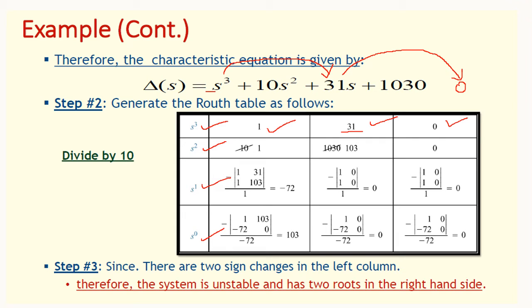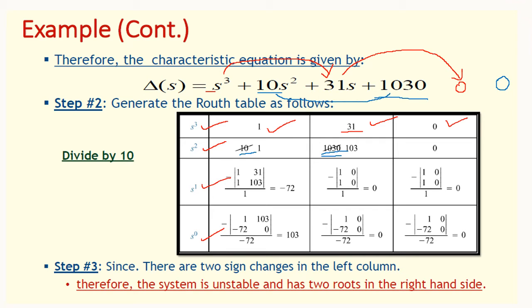For s square, we start with 10s square, so it is 10. The next value we'll skip, so we'll go with 1030. So we go along with this, and the next term is 0.